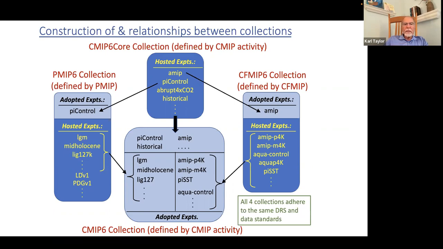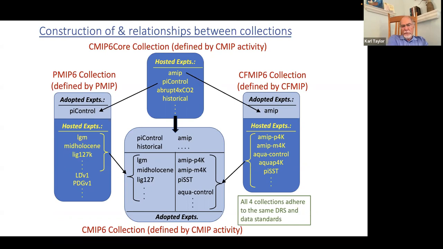And then we can also define a kind of super collection of experiments, what we might call the CMIP experiments. And that's shown in the middle at the bottom there. Basically, those are the union of experiments from the various MIPs plus CMIP itself.